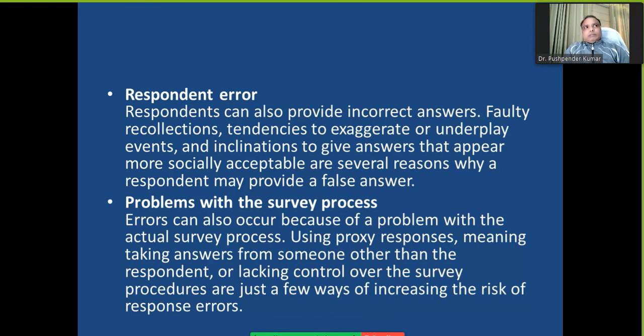So if you yourself fill out the whole questionnaire, that's a proxy response, right? Not taking information from the right person, the right respondent. So this is all actually a problem with the survey process.